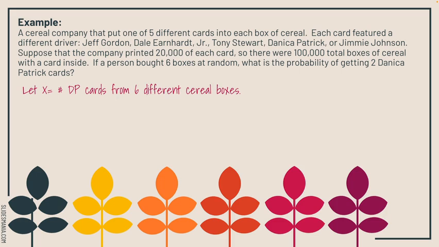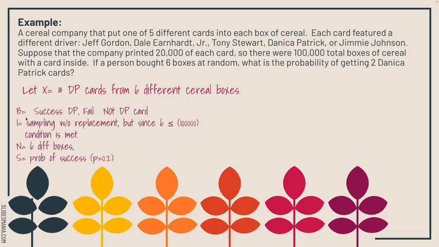But before we begin, let's check BINS, because we're thinking that this is binomial, since they want us to find the probability of getting exactly 2 if they bought 6 boxes. B, binary: success is getting a Danica card, failure is not getting a Danica card.